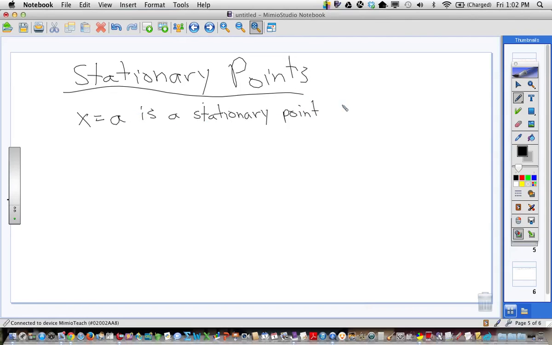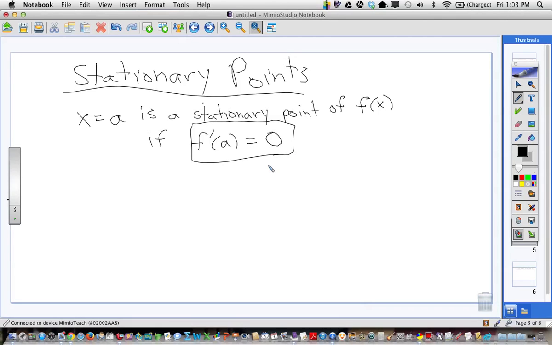X equals a is a stationary point of f of x if f prime of a equals 0. Okay? If the slope at that point is 0. So that would mean the output on the F prime graph is at the x-axis, right? Is 0.